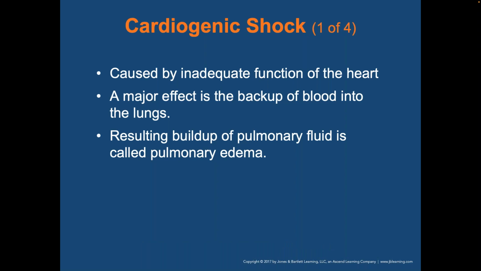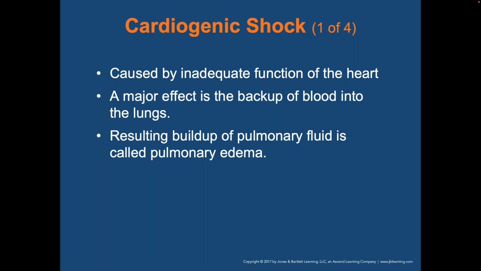So cardiogenic shock is caused by inadequate function of the heart or pump failure. Resulting buildup of pulmonary fluid is also called pulmonary edema. So a major effect is the backup of blood into the lungs. Patients that have pulmonary edema have left-sided heart failure, okay? Left side.